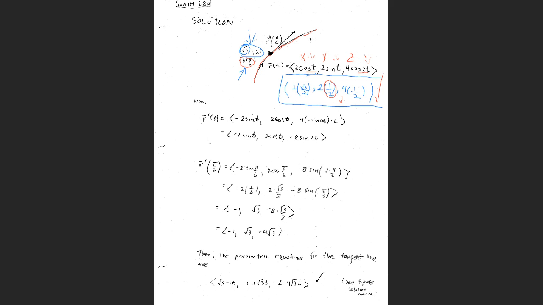Okay, so we're going to compute the derivative of the position vector, and then we're going to evaluate it at t equals pi over 6.